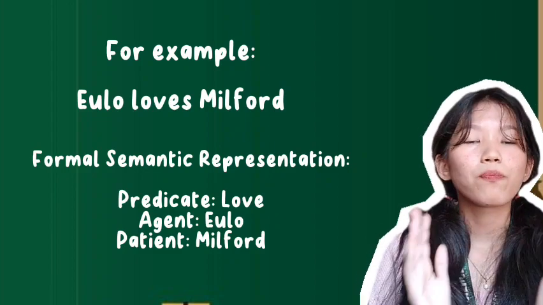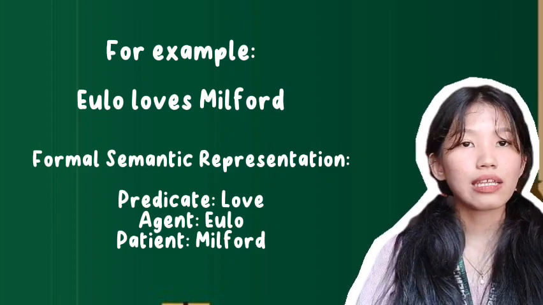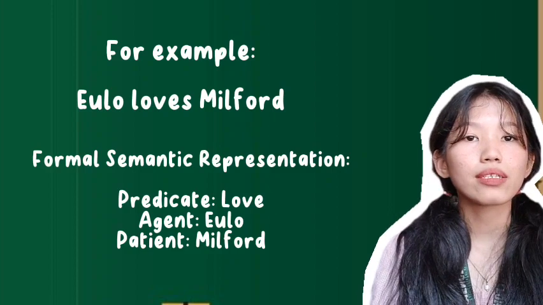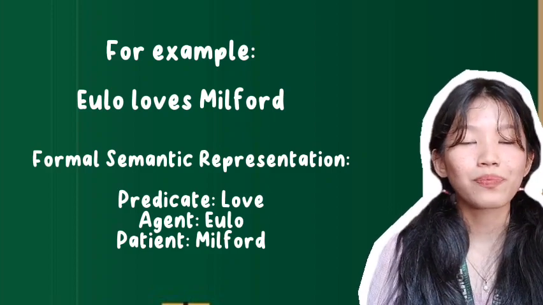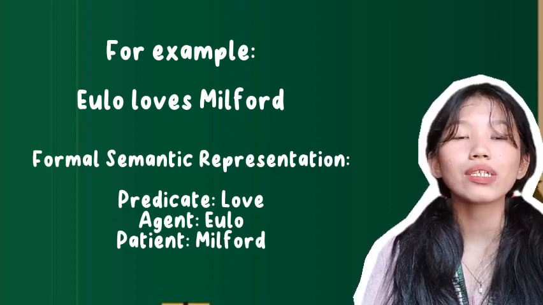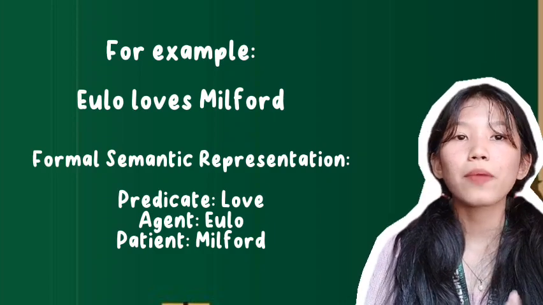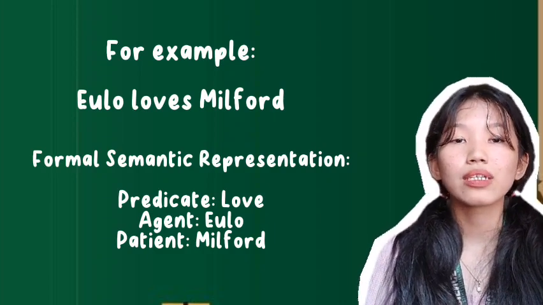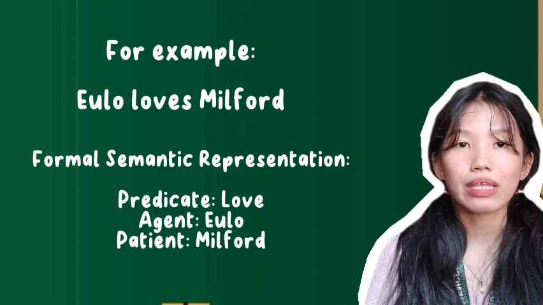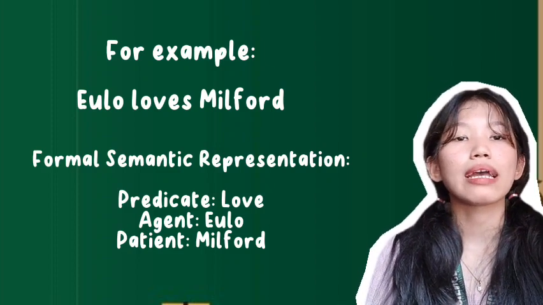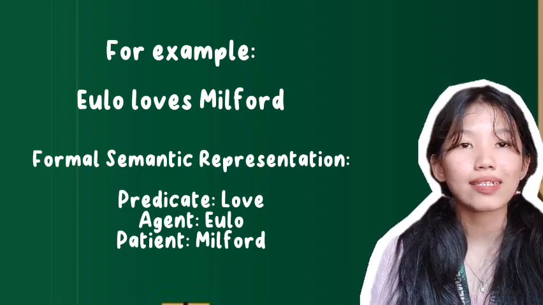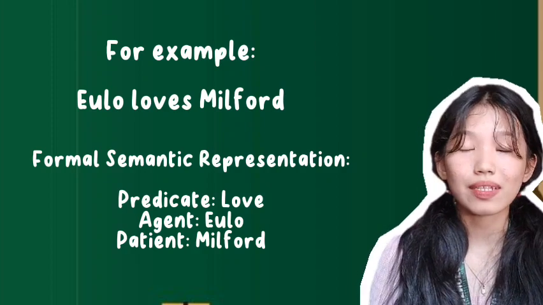Now, in this formal representation, the predicate love represents the action or relationship. The agent Yolo represents the doer of the action, and the patient Milford represents the receiver of the action. Now, this formal representation allows for a precise analysis of the meaning of the sentence.